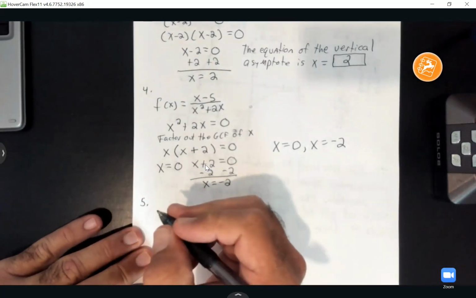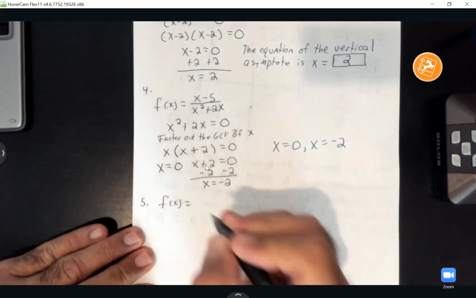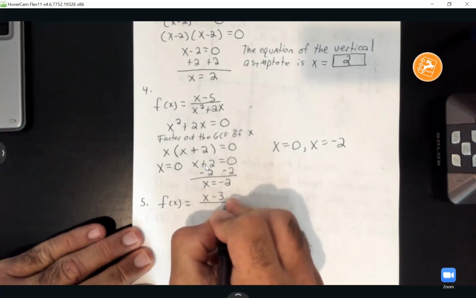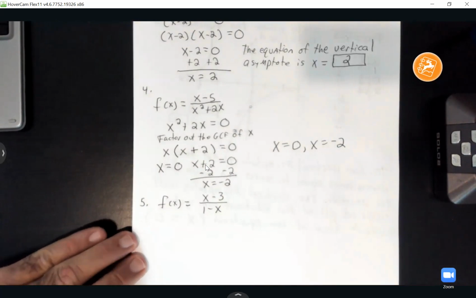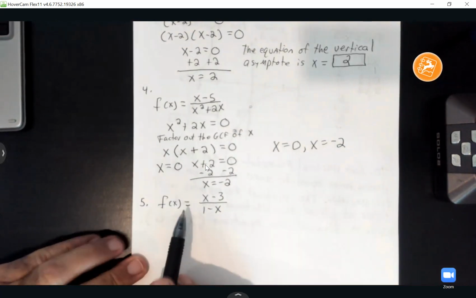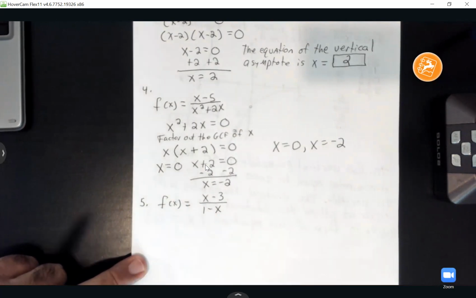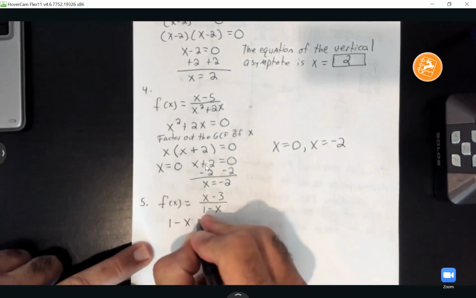All right, y'all, number 5. F of x equals x minus 3 over 1 minus x. All right, so what I can do here is take the bottom. I've only got one x this time, so I'm only going to get one asymptote. So set 1 minus x equal to 0.